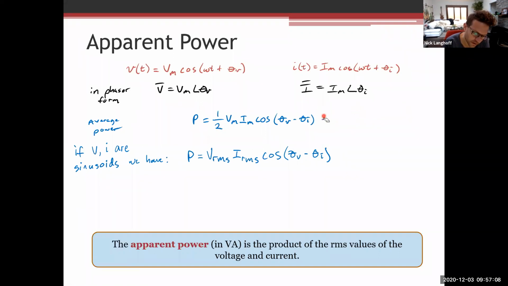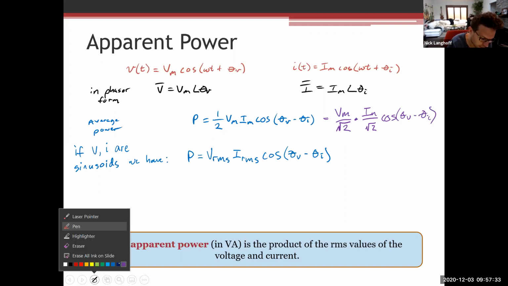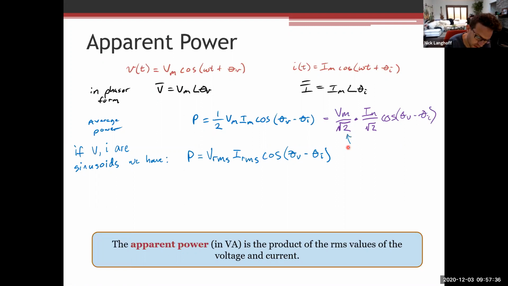So we could write this as Vmax over √2 times Imax over √2 times the cosine of theta V minus theta I. And we recognize that this is VRMS and this is IRMS.